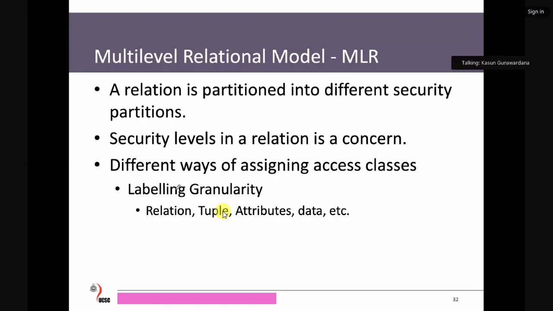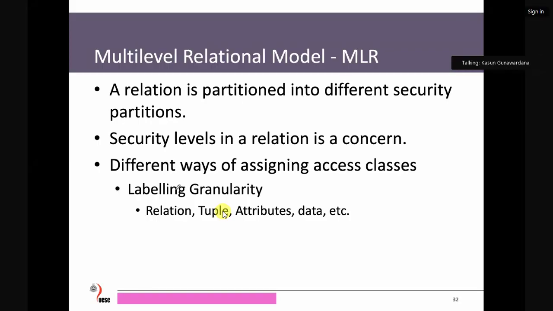You know that in multi-level security, there are different access classes. So when we bring this to the relational model, these access classes can be assigned to relations, or individual tuples, or individual columns (attributes), or individual data elements of a tuple in a relation.